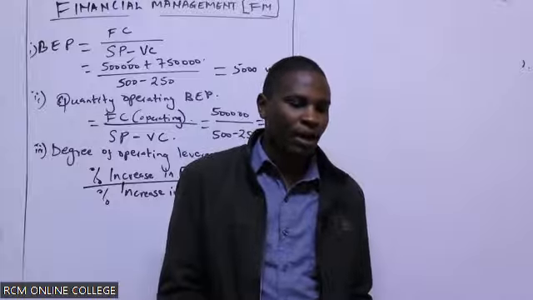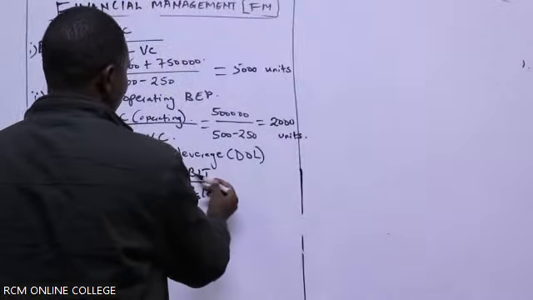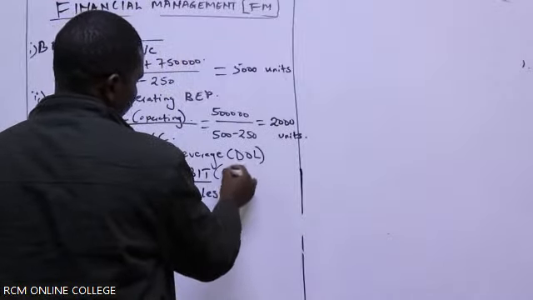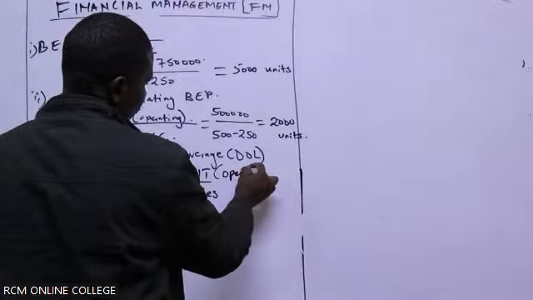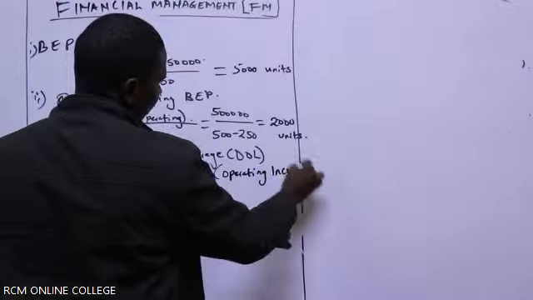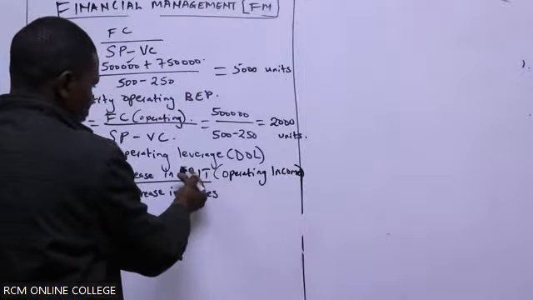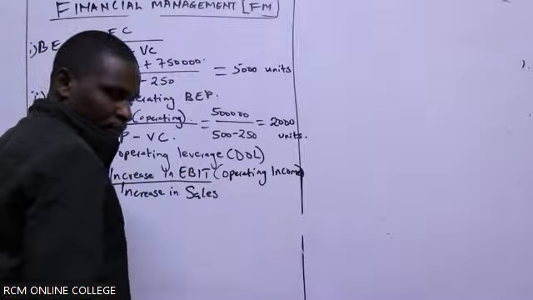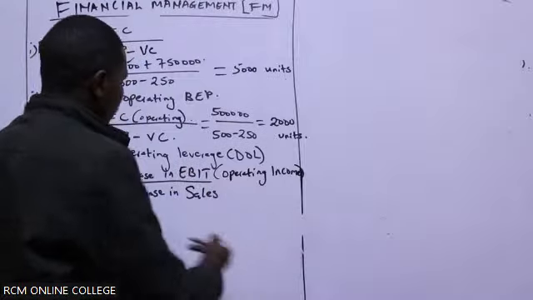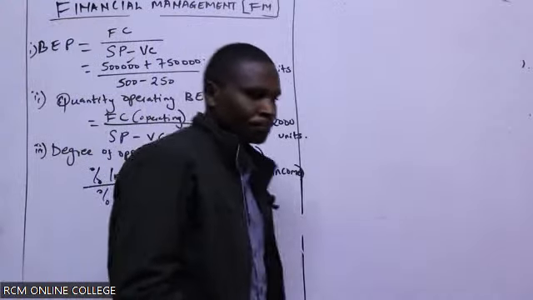Yeah, unaona, now I want to elaborate. Unaona, earning before interest and tax, that is what we call operating income. Good, operating income. Are we together? Immaculate now. So nataka ushike pia, we shall be using EBIT. Shike hiyo, sawa. And then percentage increase in sale. Good.